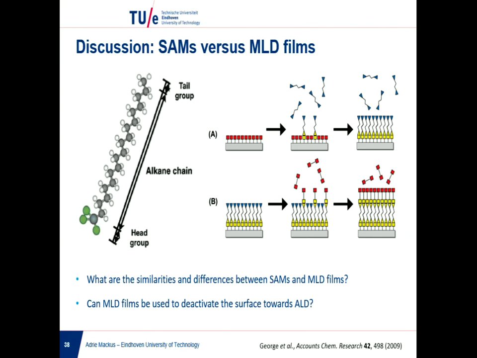Okay, let's discuss this. So what do we need if you want to deactivate growth? What's your conclusion in this? Let's say you want to use an MLD film to deactivate the growth, so what are the elements that we need to make sure that the ALD growth doesn't react with this function?